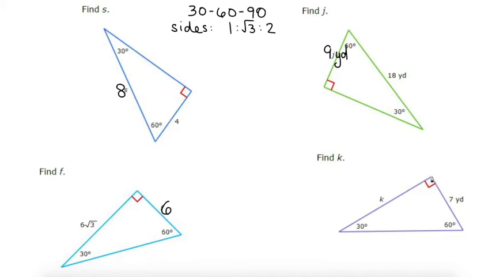So here at the bottom right, we know that the short leg is 7 yards, and we want to find the length of the long leg. What do you think? Good. So since we know that the short leg to long leg ratio is 1 to root 3, if the short leg is 7, that long leg must just be 7 root 3.